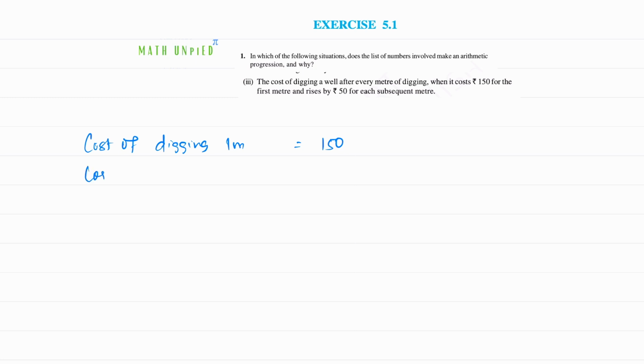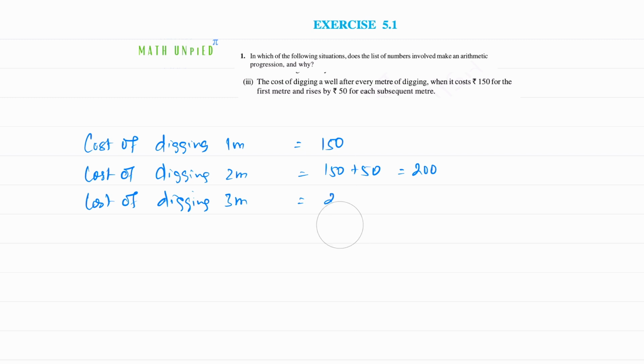Now cost of digging 2 meters will be 150 plus 50, that's equal to 200. Cost of digging 3 meters, it's actually 150 plus 50 plus 50, which is equal to 250.